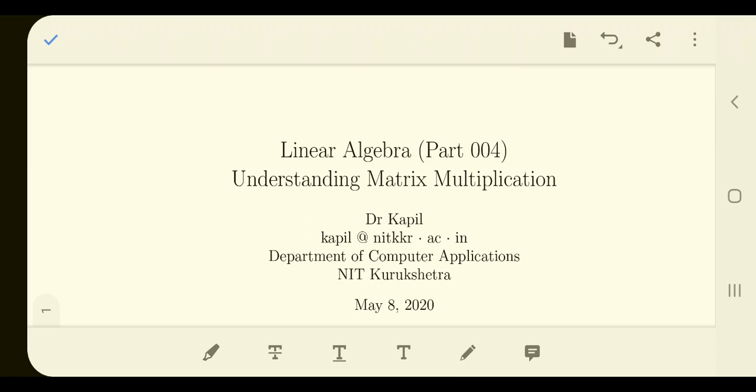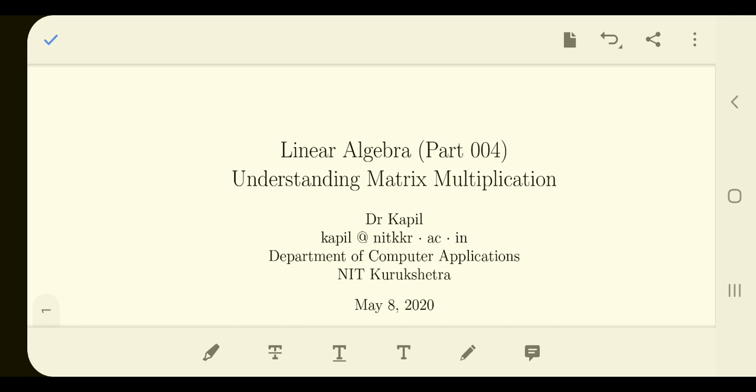In the previous part, we tried to understand matrix operations and their properties, and also we tried to formalize the algorithmic process to solve the system of linear equations, which was Gauss elimination with back substitution.